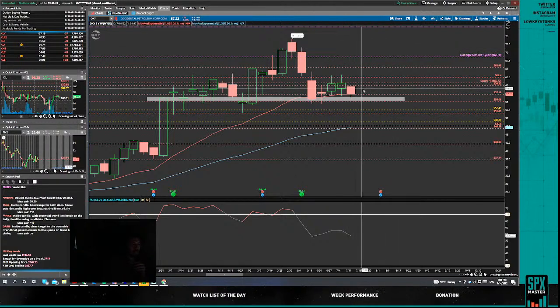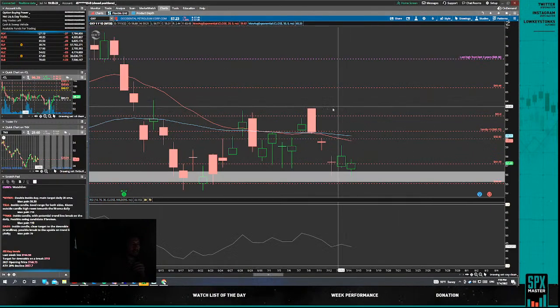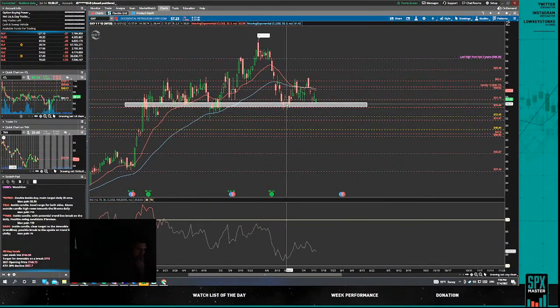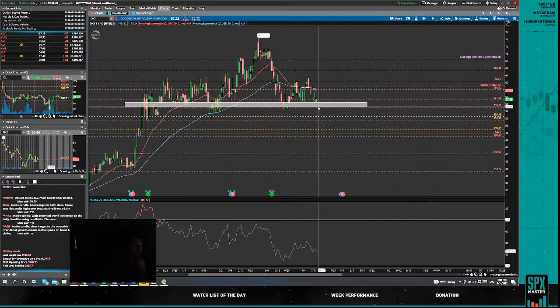And for the upside, it doesn't look very convincing, to be honest. So no setup right here. It will need more development for me to take Oxy.